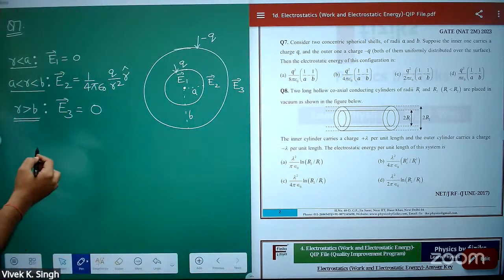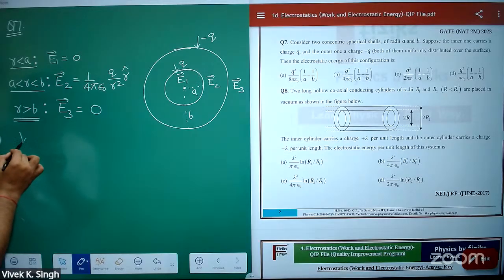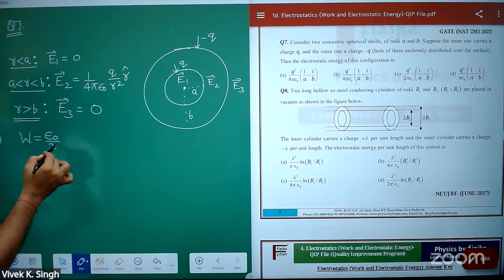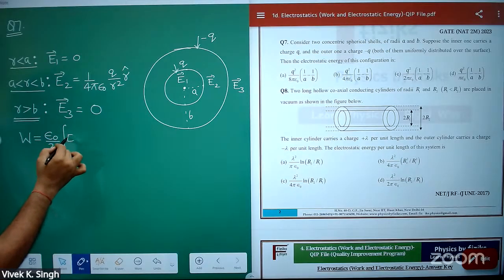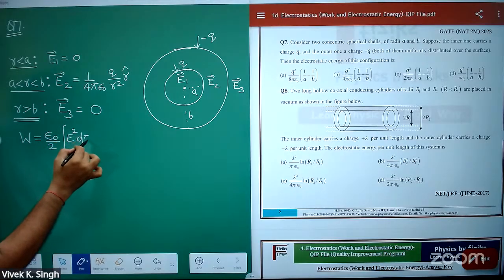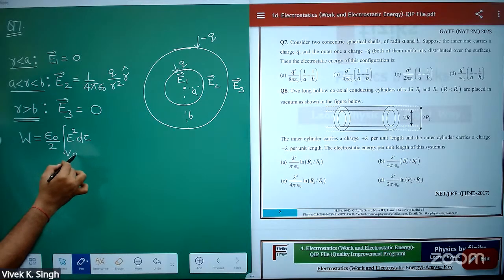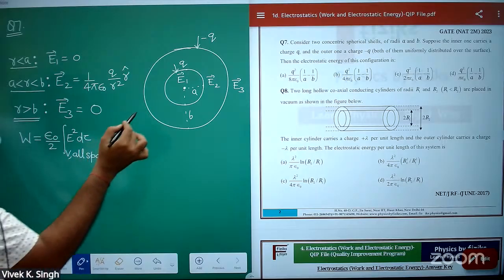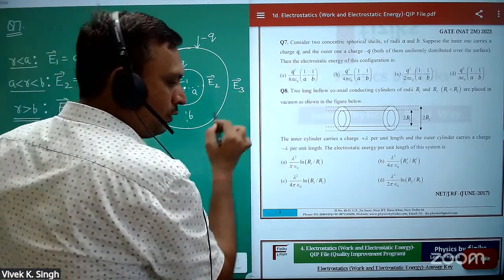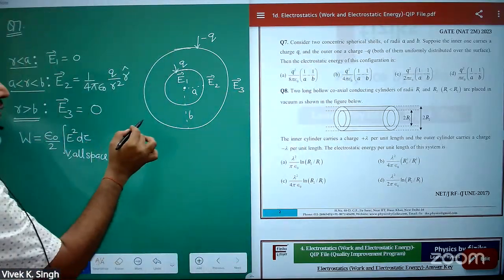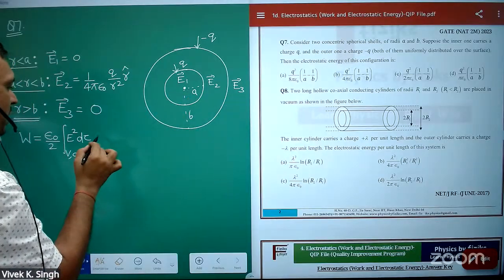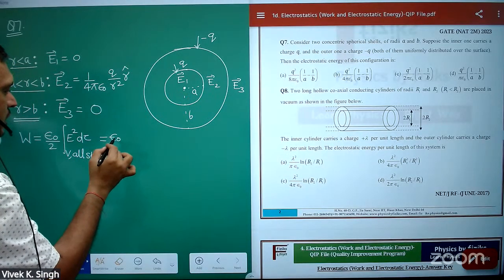So now how to find electrostatic energy? We know the formula for this is epsilon naught by 2 E square d tau, volume integral over all space. All space means you have to integrate 0 to infinity. Because there are 3 different regions, we will write this equation accordingly.